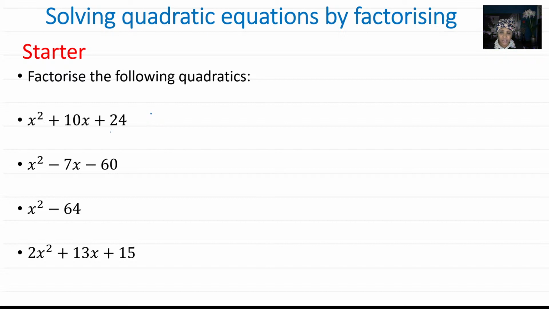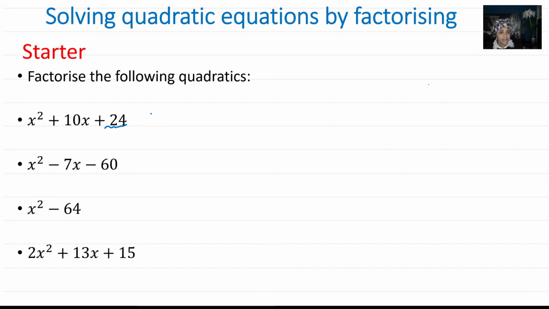Well, you look at the constant. The constant is 24. When I say constant, it's a term that doesn't have a variable. What is a variable? X is a variable. So 24 doesn't have a variable. We call it a constant.